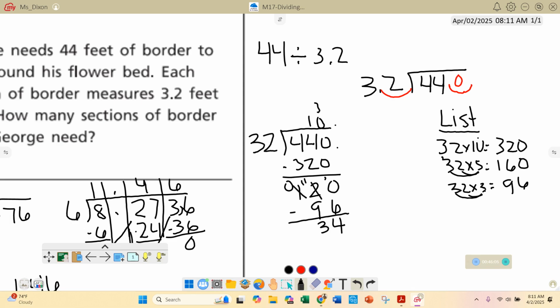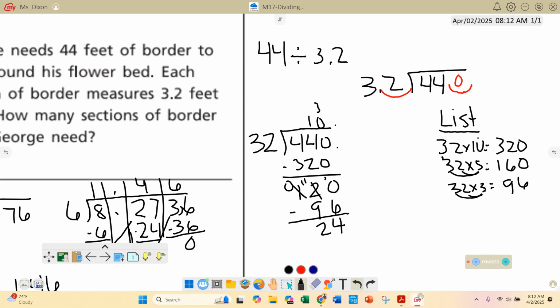All right, our remainder is not less than our divisor. So we have to keep going. Oh, wait, I subtracted wrong. That's supposed to be 2. Okay, so our remainder is less than our divisor.